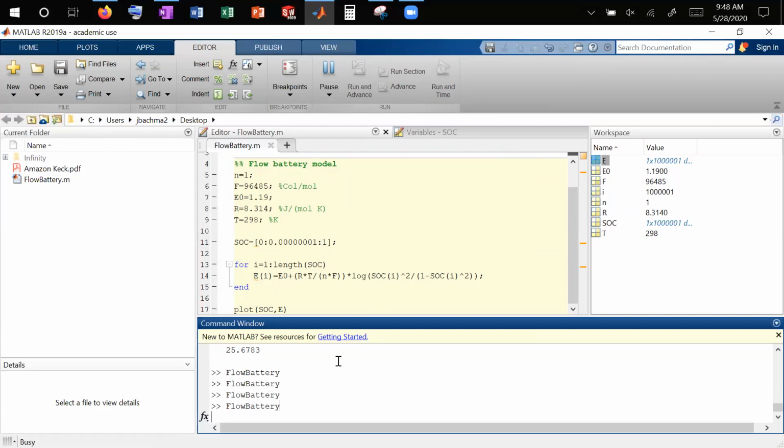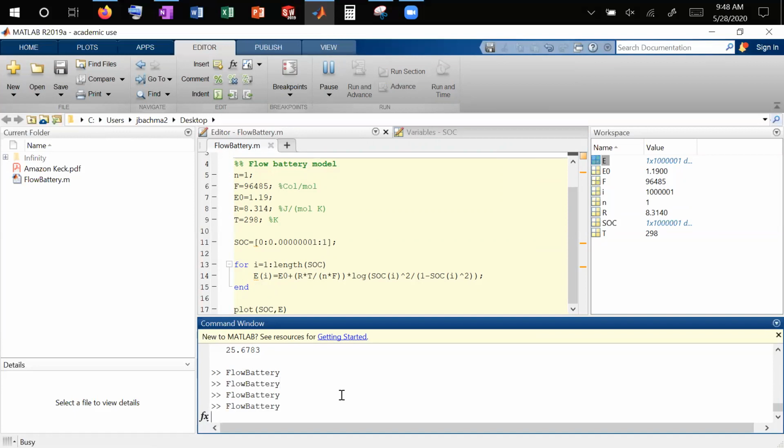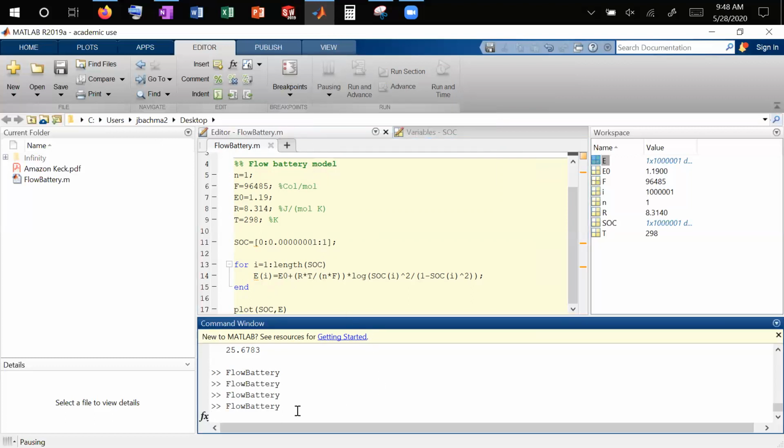I'm just going to do Control C. Oh, I think I broke it.